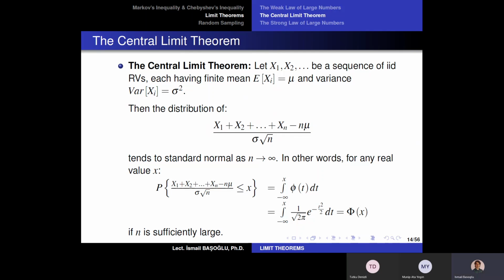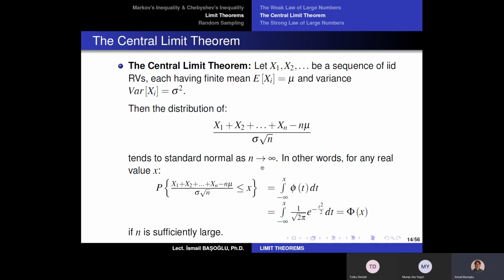And the central limit theorem tells me that this value, this random value obtained from the first n random variables in the sequence, is going to behave as a standard normal random variable as n goes large and larger. So if the number of random variables that we put in the summation is large enough, then this value is going to be a standard normal random variable.